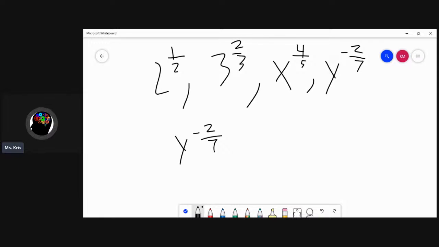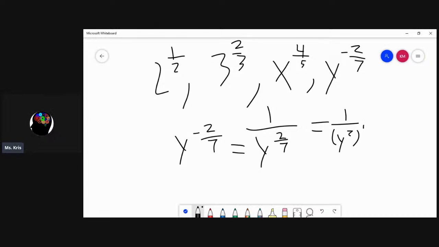So, first way is you have, well, 1 over y to the 2 over 7. And of course, that will leave you with 1 over y raised to the second to the 1/7.